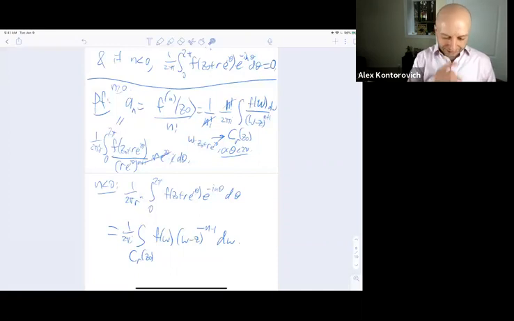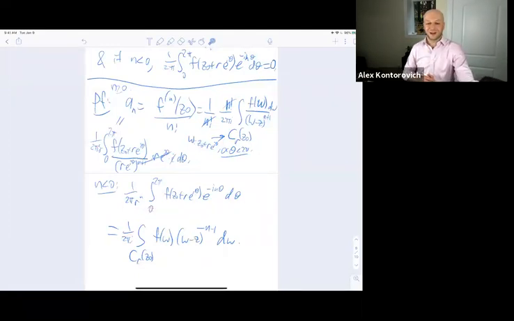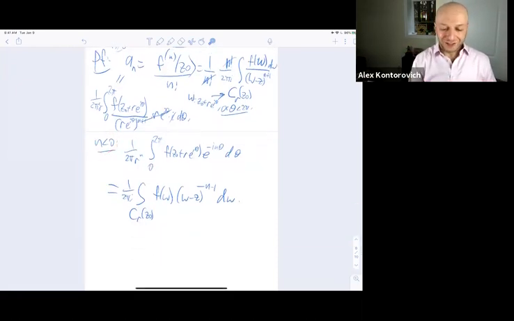Let's see for a second. r to the n, e to the minus n theta. No, that's right. And there's a 1 over 2 pi i. The i's cancel here and here. And this integral is exactly this integral. I'm not missing any factors. But n is less than 0. n is less than 0, so negative n is bigger than 0. n's an integer. So negative n minus 1, this power is bigger than 0.